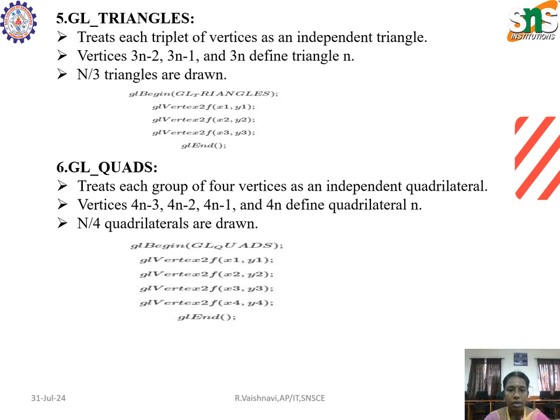Vertices 3n minus 2, 3n minus 1, and 3n define a triangle. So in a triangle we have three vertices, denoted by the 3 points x1 comma y1, x2 comma y2, x3 comma y3, followed by GL_QUADS, which is like a square, that is a quadrilateral. Here we have four sides, so we have 4 points.